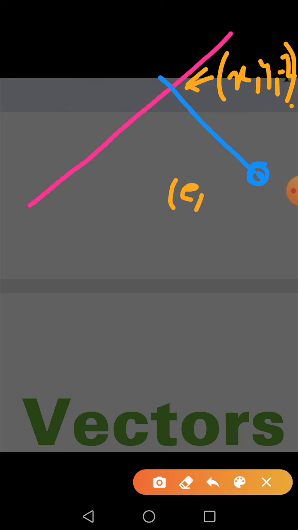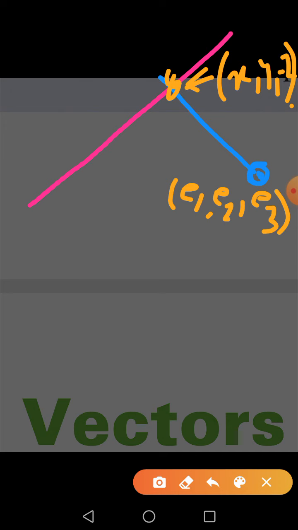So it's E1, comma, E2, comma, E3. Okay, now I got it right. So this meeting point has the coordinate (x, y, z), and the external point has the coordinate (E1, E2, E3).